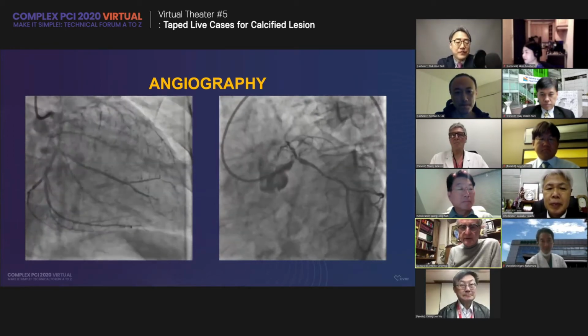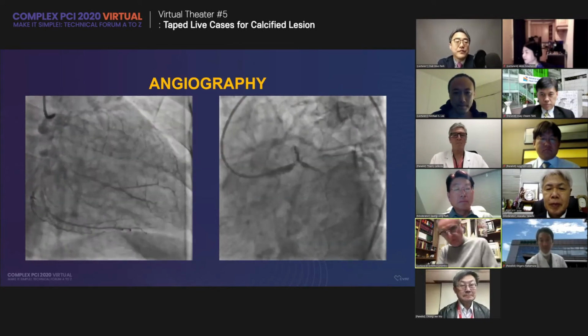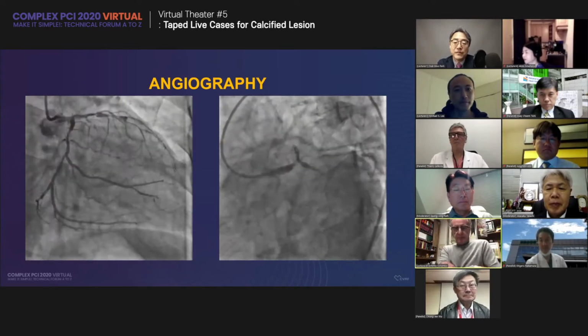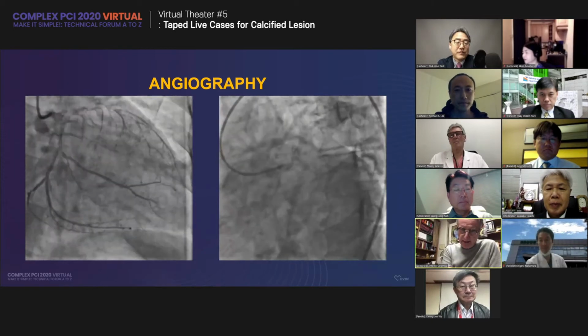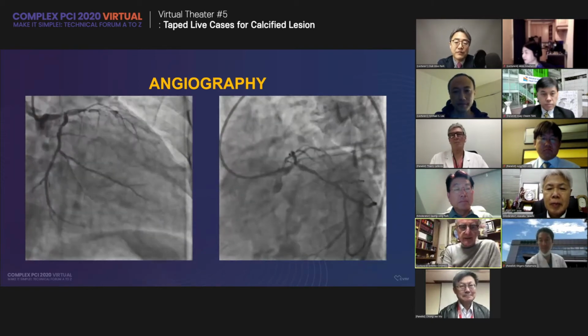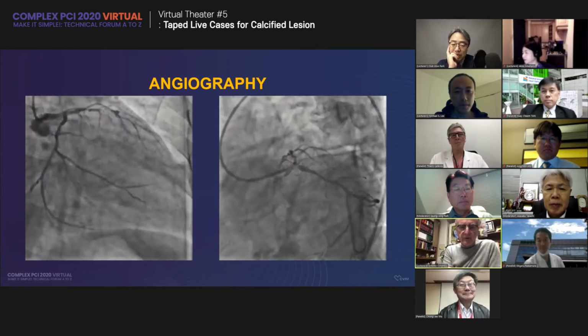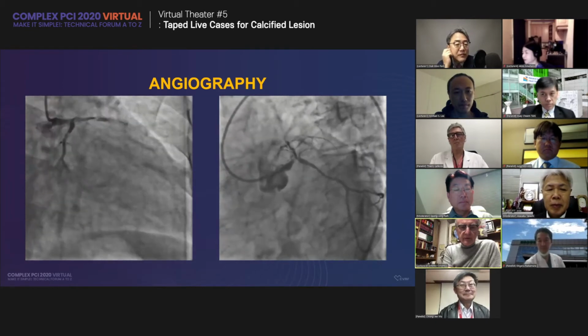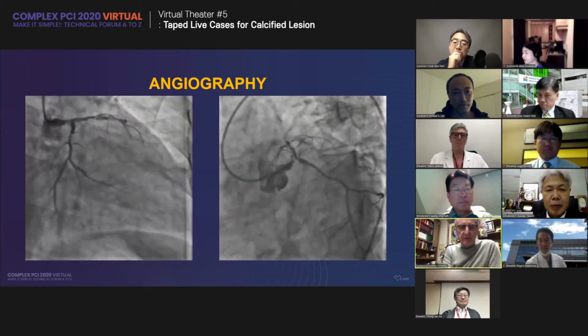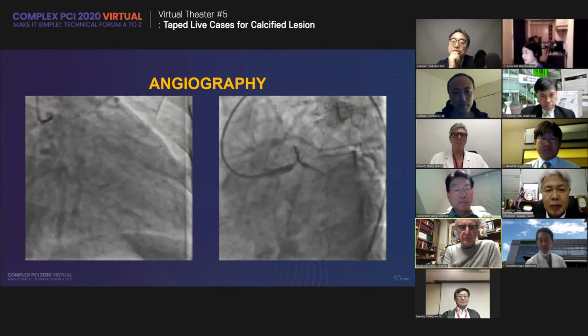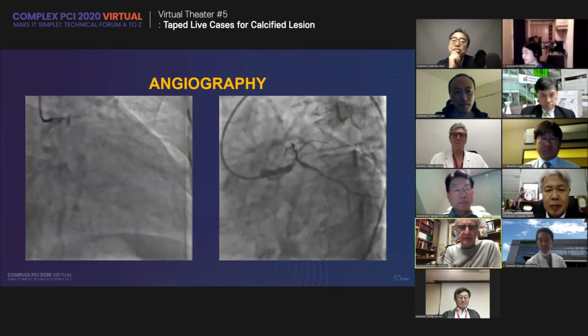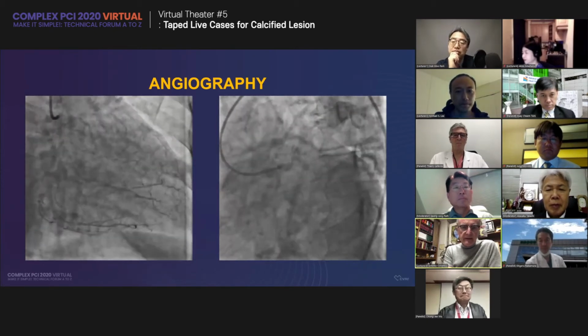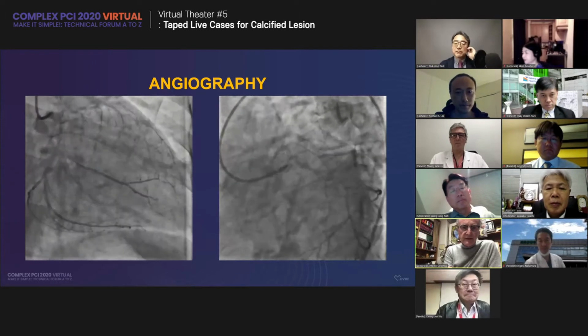Considering that the patient is diabetic, we have to be aware of the limitation of PCI, but I may consider using stents only proximally and try a drug-eluting balloon in the distal LAD, in the mid LAD, not to make a full metal jacket.